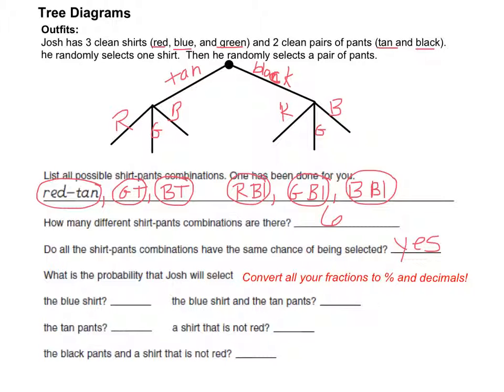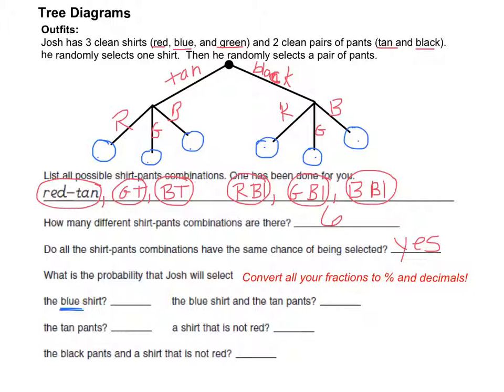So let's look at this. What is the chance that Josh would select an outfit that had a blue shirt involved? There was one other thing on the diagram. We always draw an O for outcome at the bottom. So we could count the outcomes, or I could list out all the outcomes. There were 1, 2, 3, 4, 5, 6 outcomes.